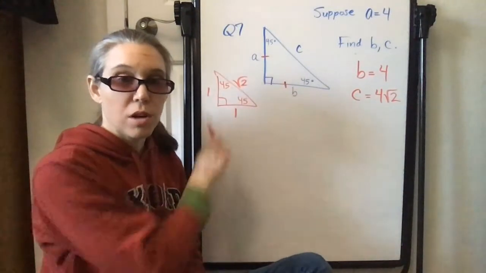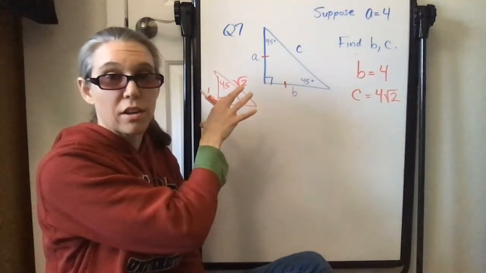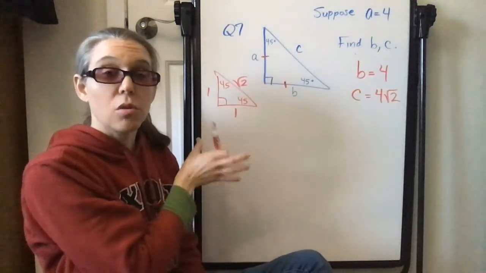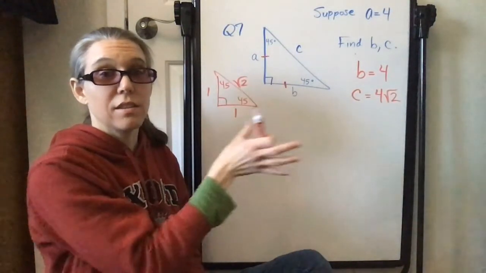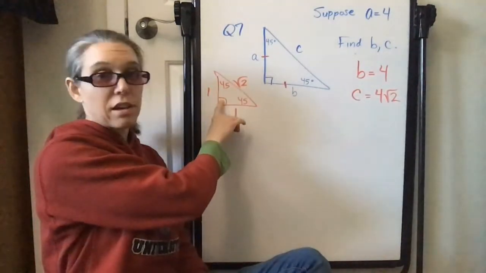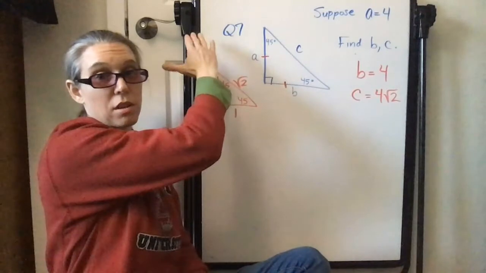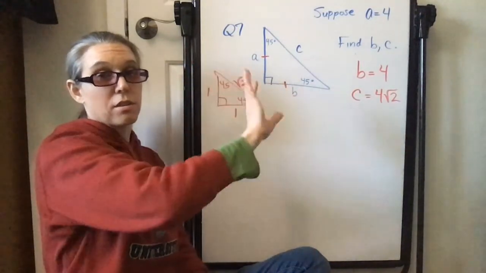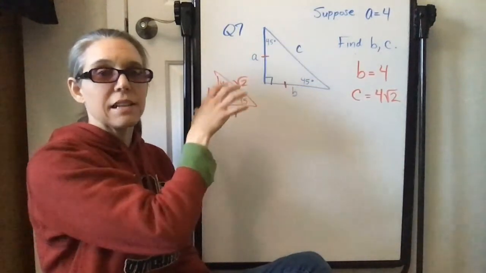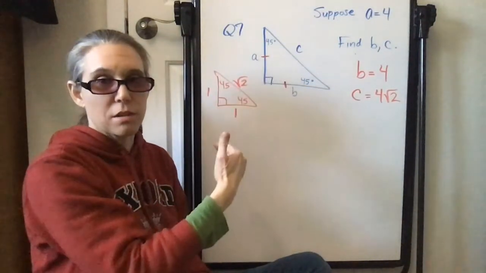It's good to draw your reference triangle next to your diagram, making sure that you orient the reference triangle in the same way. So both of them have the right angle down low here. Both of them have the hypotenuse sort of facing up. Just draw them so that it's very easy to make a proportion based off the picture.